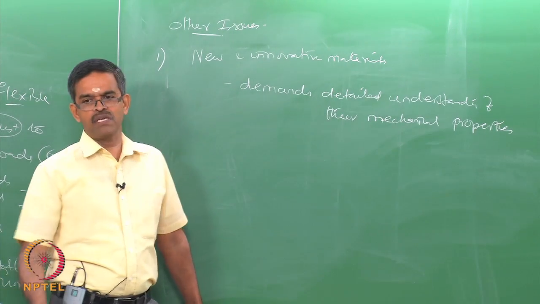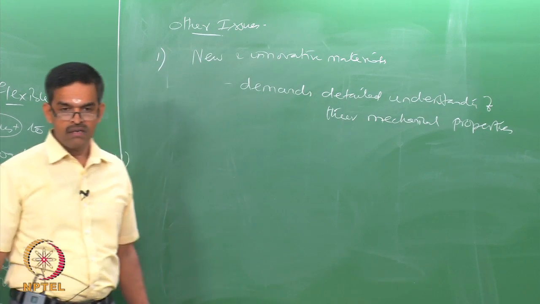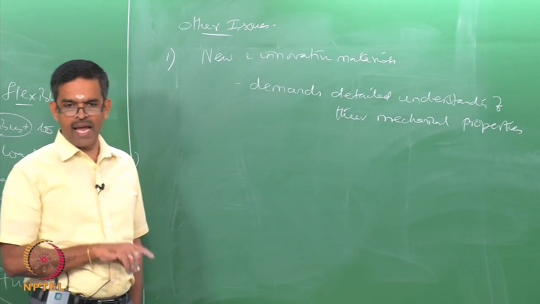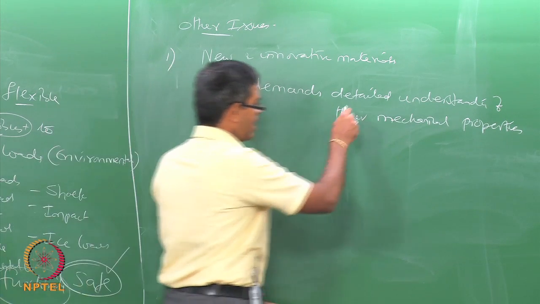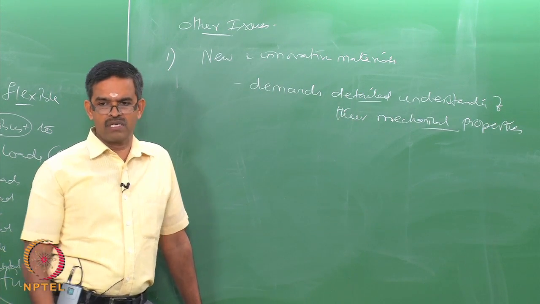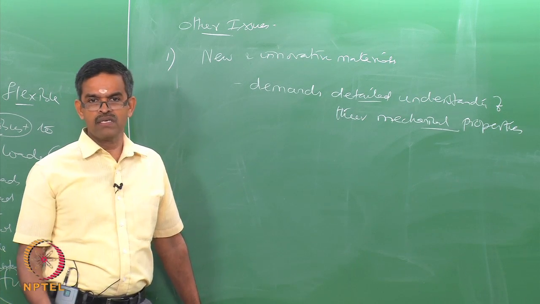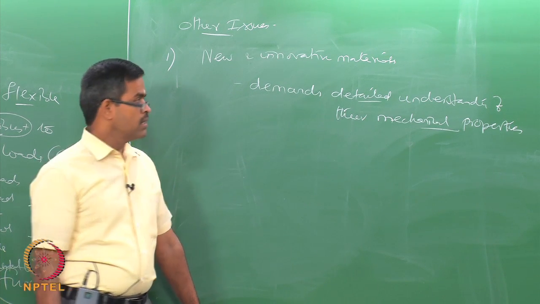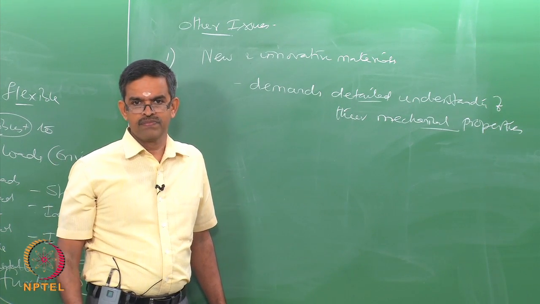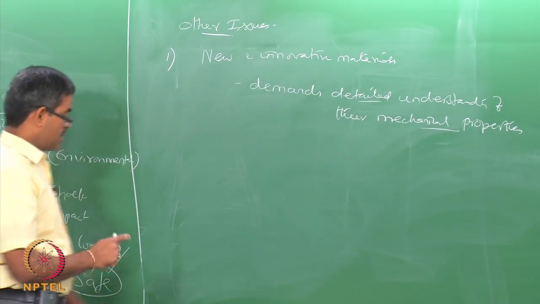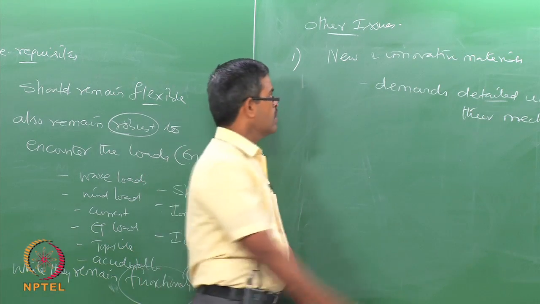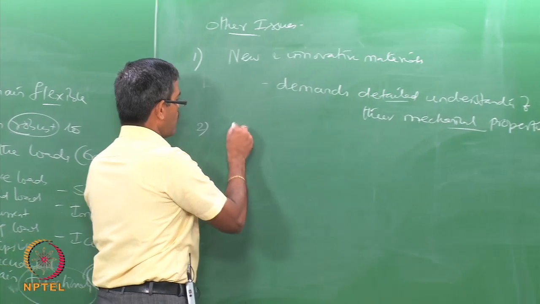Whereas, if you take up a new composite material which is being recommended by a designer for a unique structural form in offshore structures, it becomes mandatory for the engineer and the team to understand the detailed mechanical properties of the material at different temperatures, at different stress concentration factors, at different load combinations etc. Because the material can fail at critical combinations of loads, which becomes very important because safety is a primary concern here when the structure remains in use. The next issue could be the variety of environmental loads.